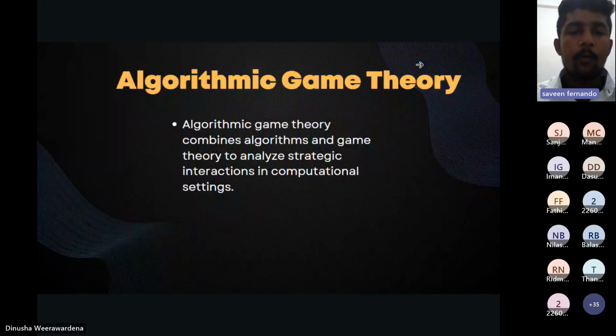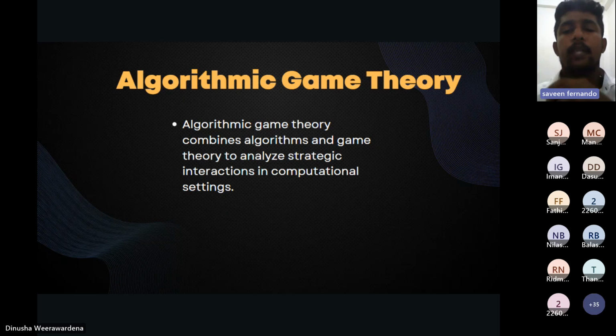Then there's a really cool field called algorithmic game theory that combines games and problem solving. It's like mixing the rules of games with the power of computers. Let's imagine you and your friends are playing a game together. In algorithmic game theory, we study how people make decisions in games when they want to win.